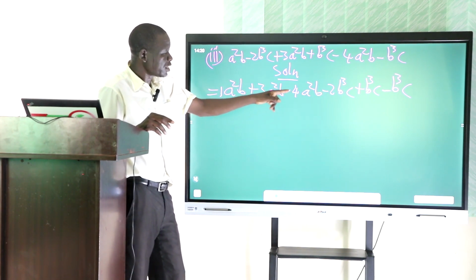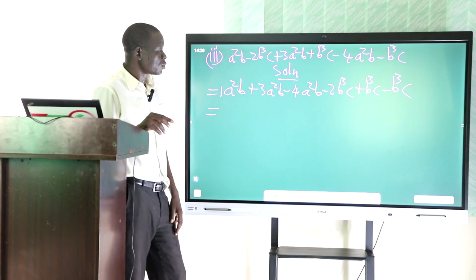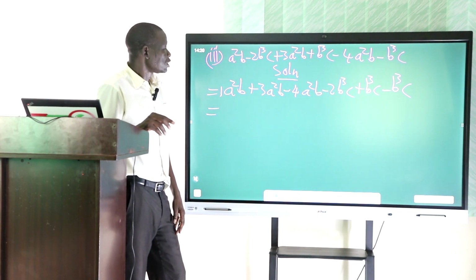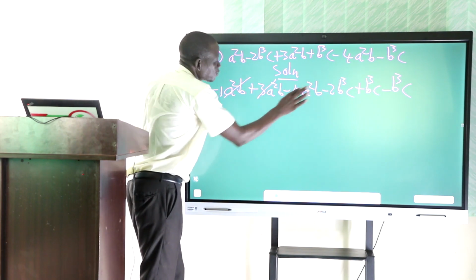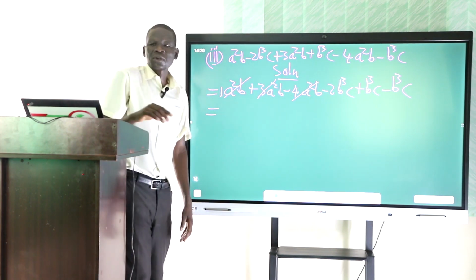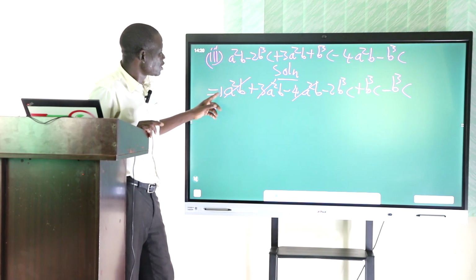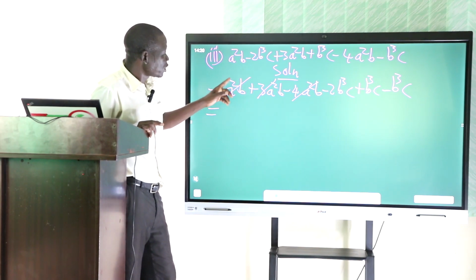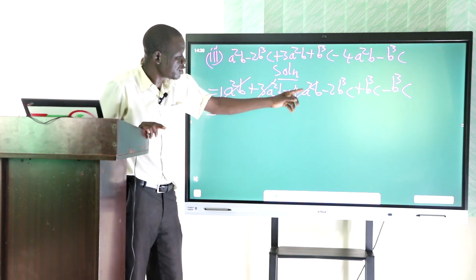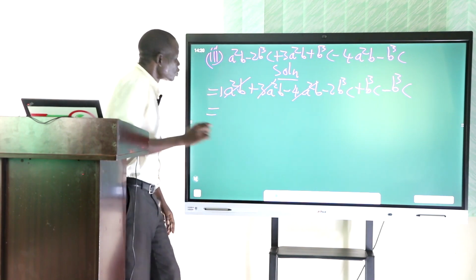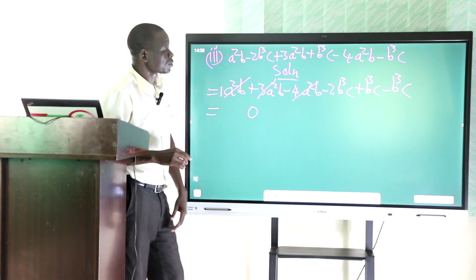And 4 minus 4, you get 0. So it means that the whole of these die. They all cancel because we are having 1a squared b plus 3a squared b minus 4a squared b. We get 0.